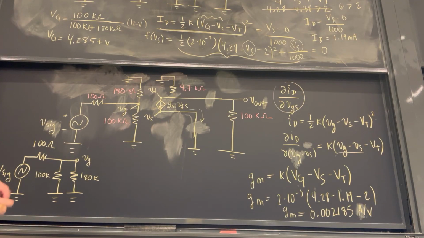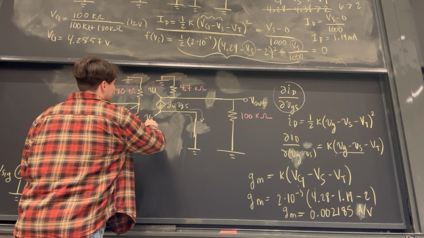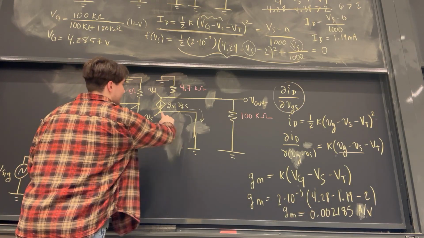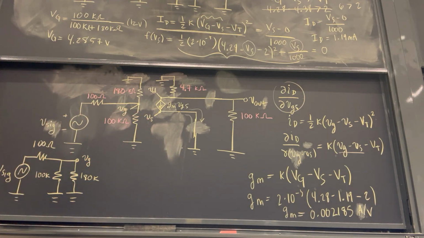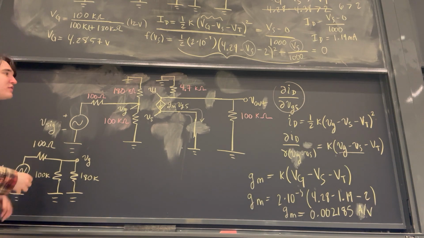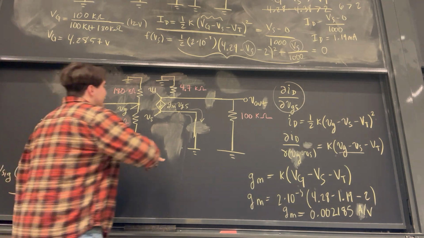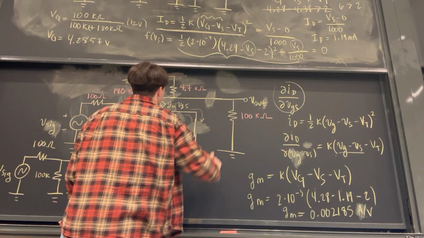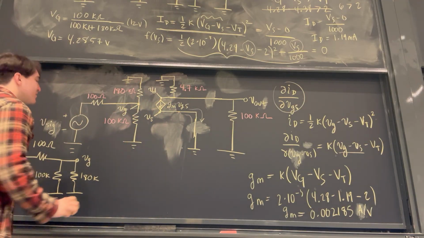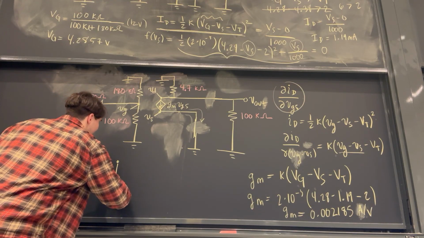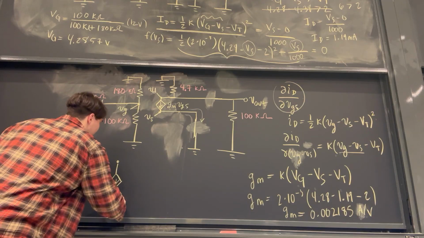And this has just turned VS into ground. It literally just grounded the source. That's where we get the name common source amplifier from. Common source just means that the source is grounded. That was a little foreshadowing. And now that we've done that, let's also flip this top resistor down right here. And it becomes almost the simplest circuit in the world, because we have this diamond here, which goes to ground, right?